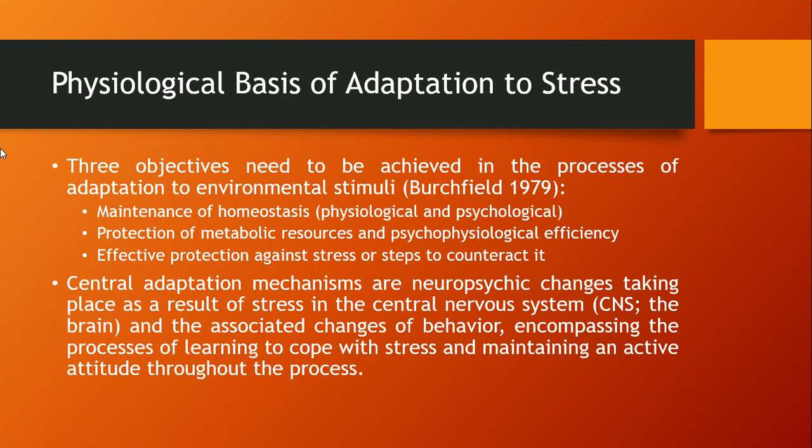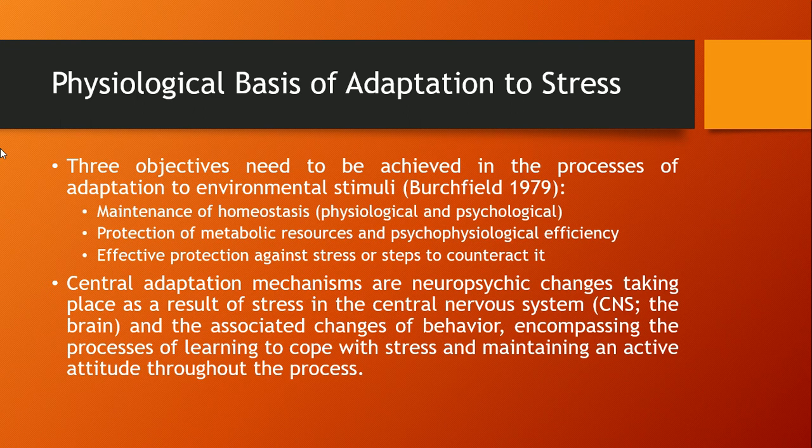So three objectives need to be achieved in the processes of adaptation to environmental stimuli. First is maintenance of homeostasis, the physiological and psychological homeostasis or balance, protection of metabolic resources and psychophysiological efficiency, and effective protection against stress or steps to counteract it.